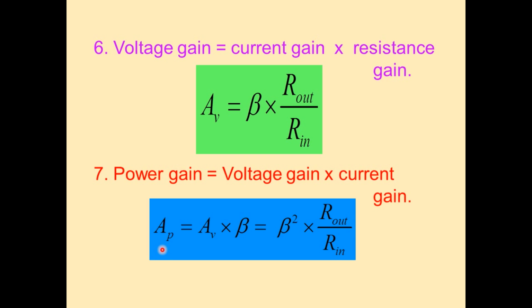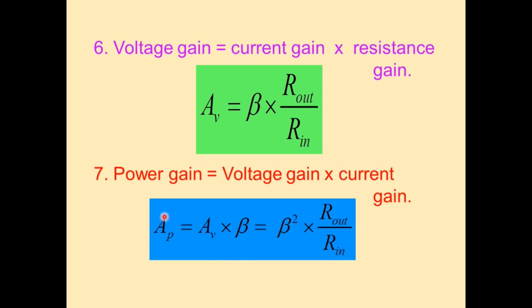Power gain is denoted by AP, and voltage gain AV into current gain beta.